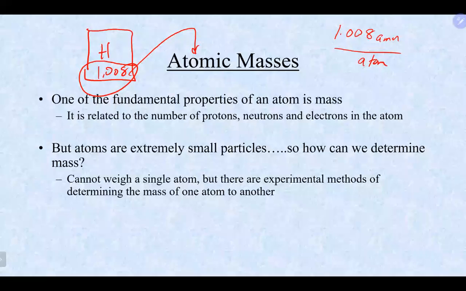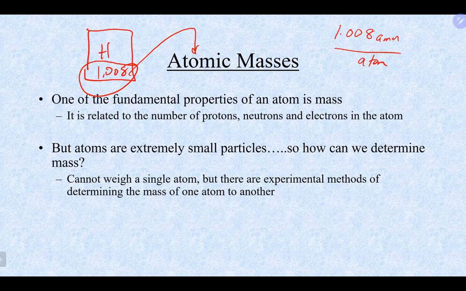Truthfully, in most calculations that we do, we really don't use those units. As we'll talk about a little later in this chapter, we use a more convenient unit, which is molar mass, in grams per mole. The good thing about atomic mass and molar mass is that they are numerically the same. So, as we will see later on, for hydrogen it's 1.008 grams per mole.